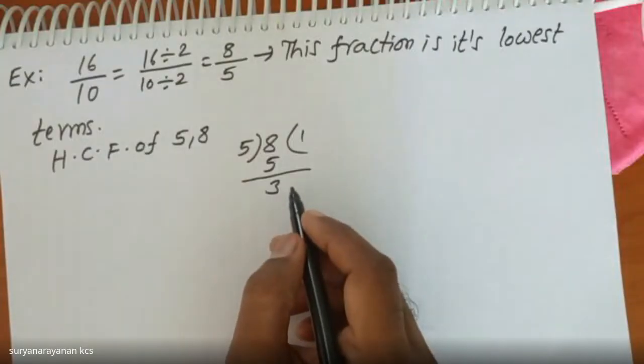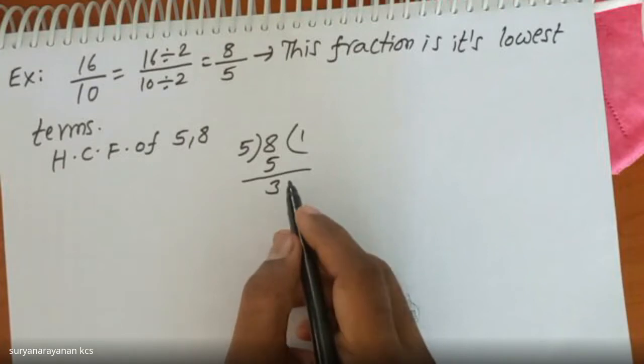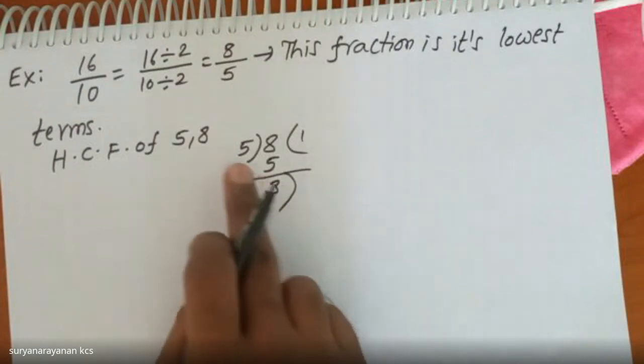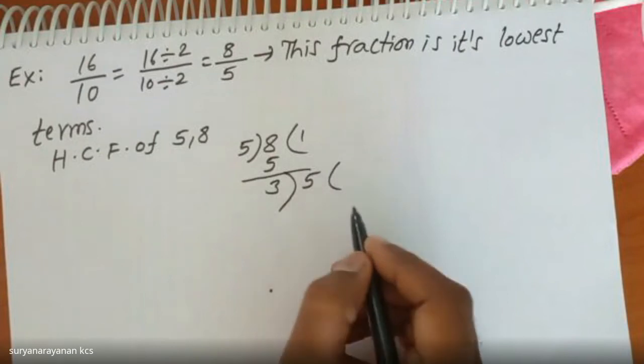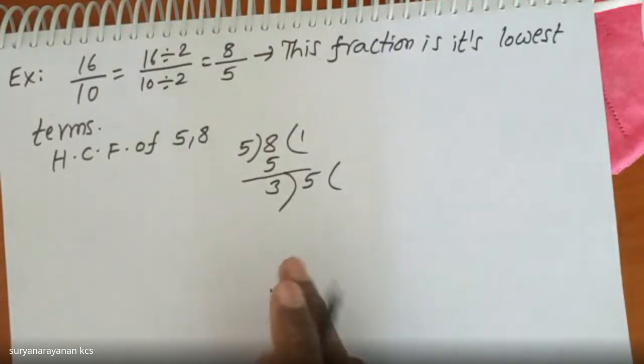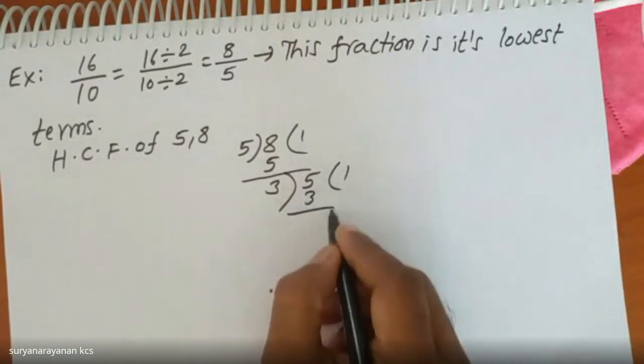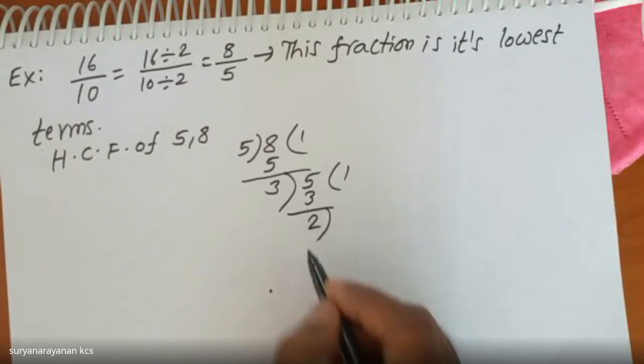Then we take this remainder as the new divisor, and the previous divisor as the dividend. How many times does 3 go in 5? 1 time, 3 ones are 3. What is the remainder here? 2.